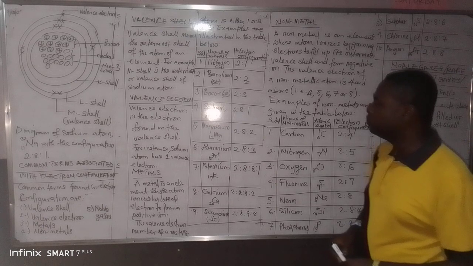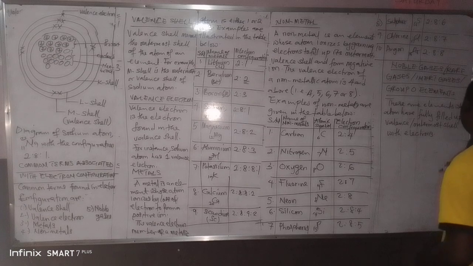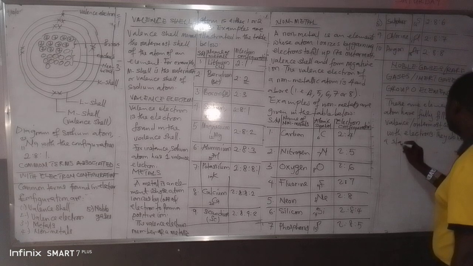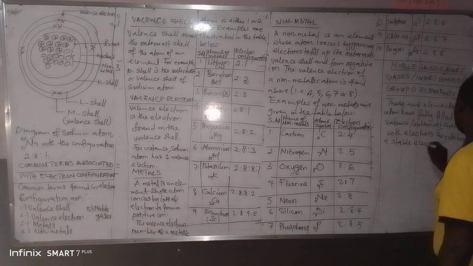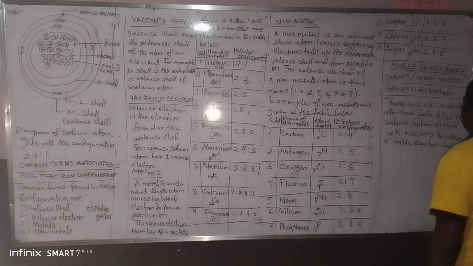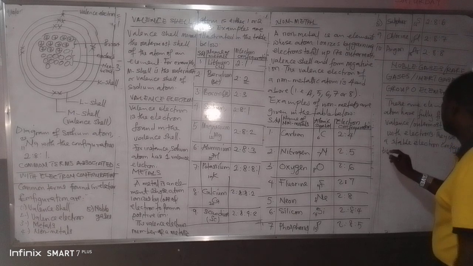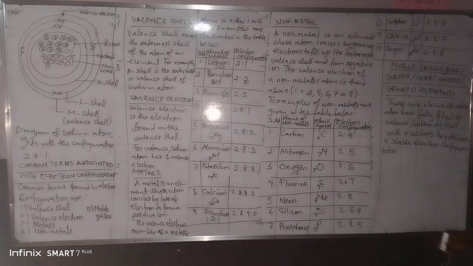Look at helium. In that case, they do have a stable electron configuration. What does that mean? When something is stable, it's not shakeable. It does not lose electrons, they do not lose or gain electrons.